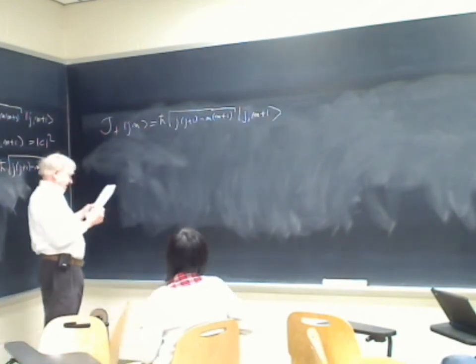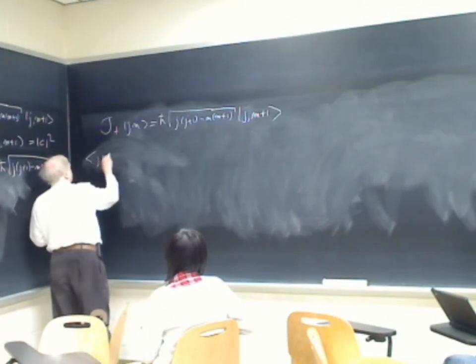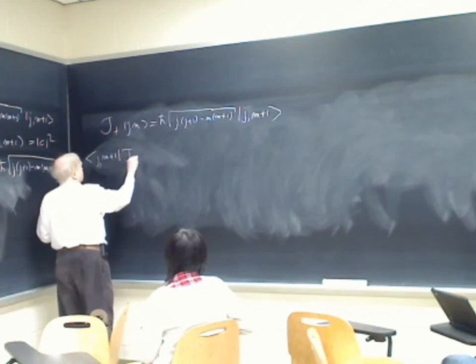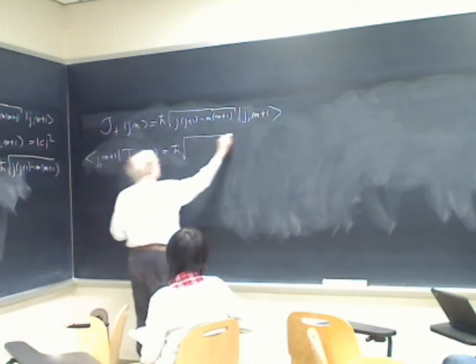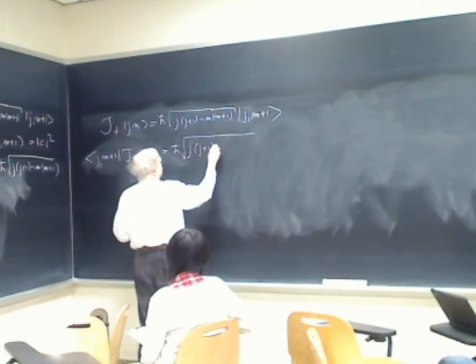All right, so that's that, and if we take the inner product of that with the state |j, m+1>, we get <j,m+1|J plus|j,m>, which is simply h bar times the square root. Again, we're requiring that the states are normalized.